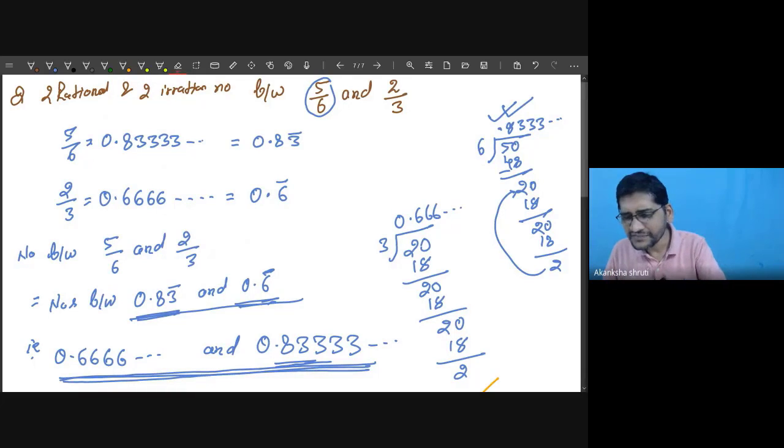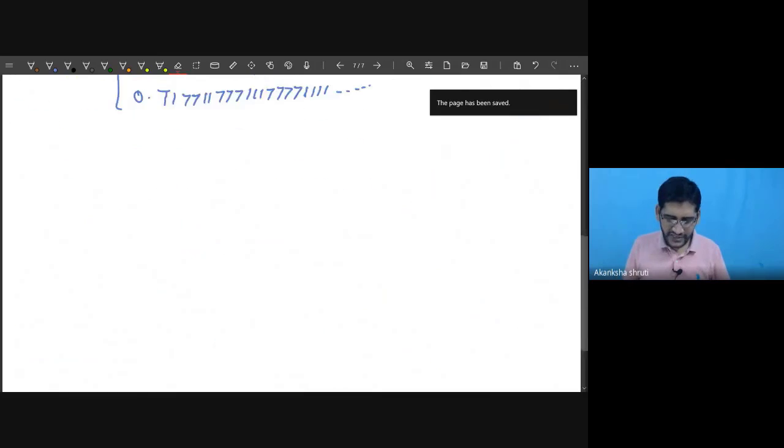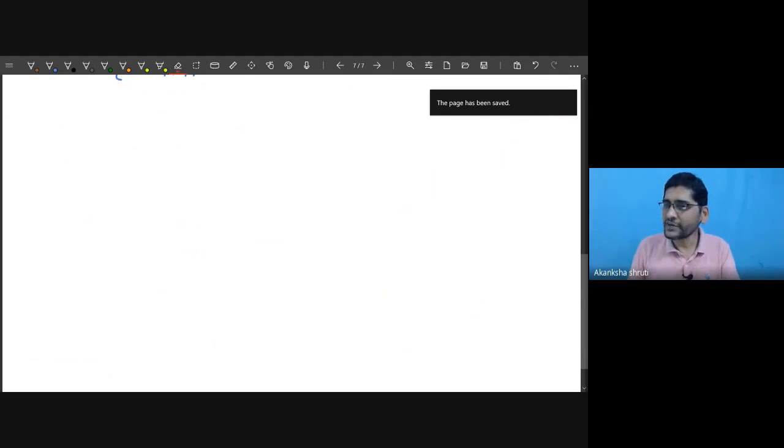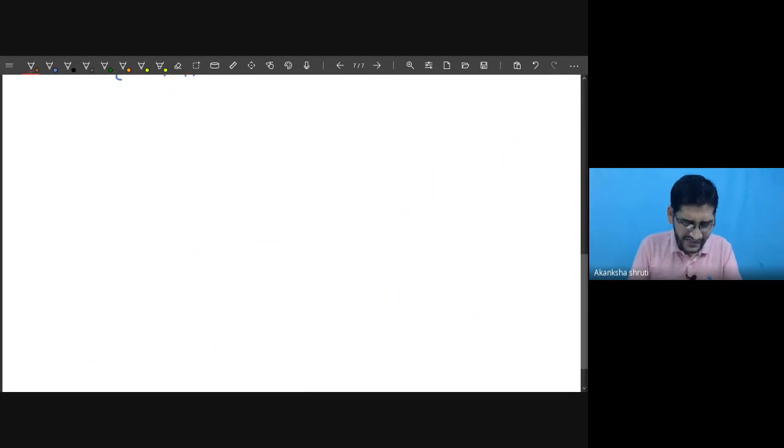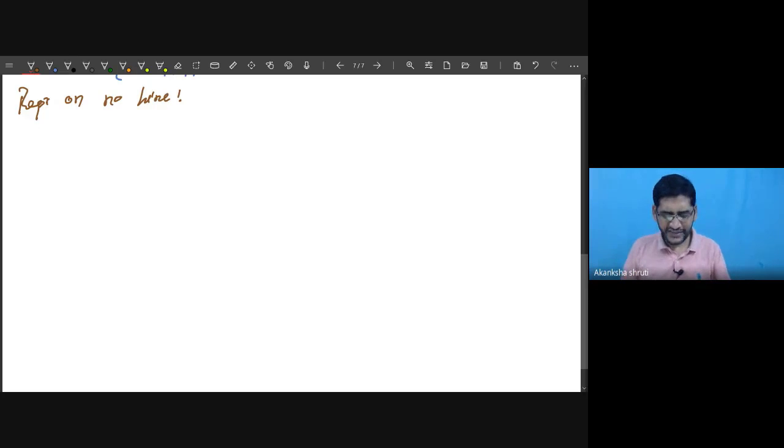Now, student, there was another concept, representation of this rational on number line. So representation on number line. Student, I'm not exactly going to draw, but you must keep in mind, if you are given with root 2, it means you will take the number like 0, 1, 2 like this.